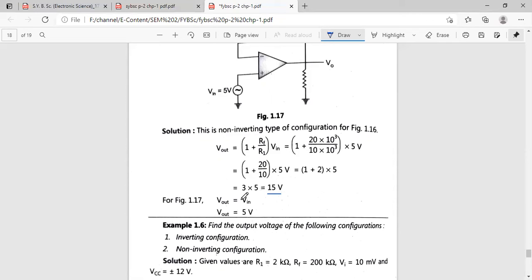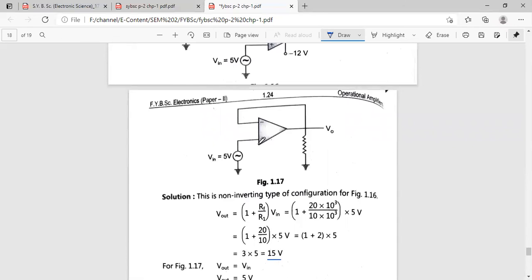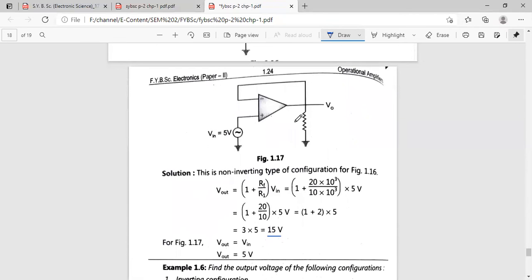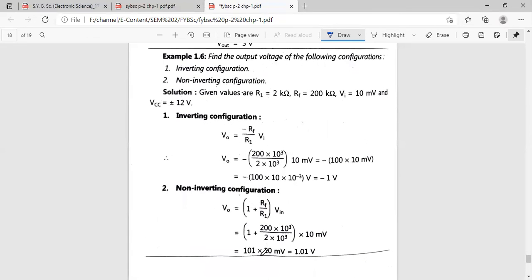Okay, so as we know, in figure 1.17, V out is equal to V in. V in is your 5 volt, that is why you can write V out is also equal to 5 volt.